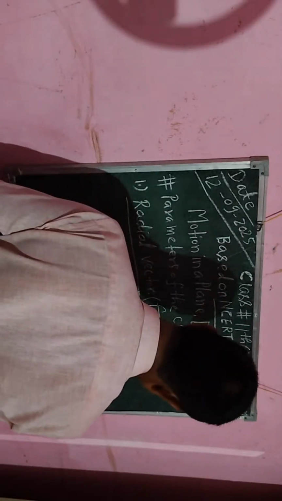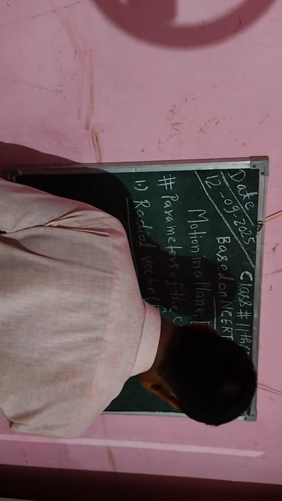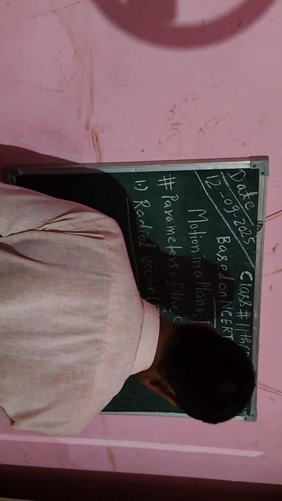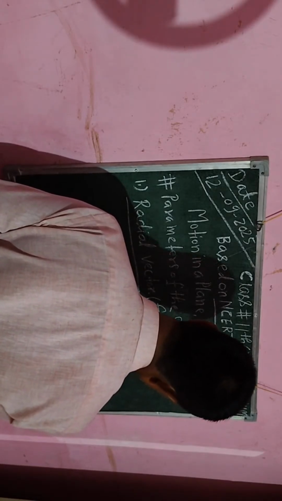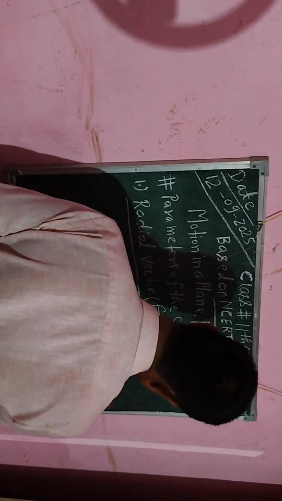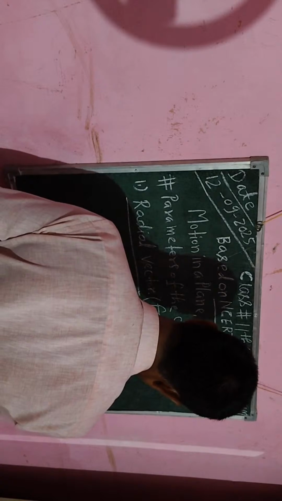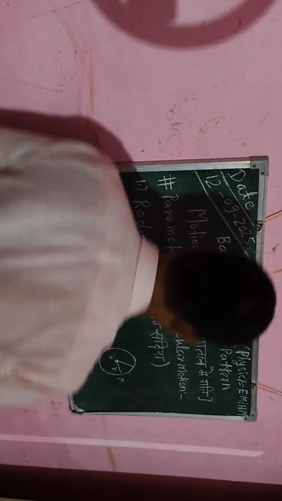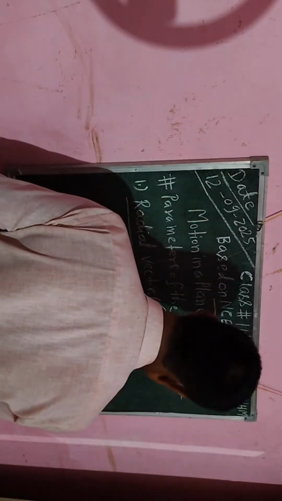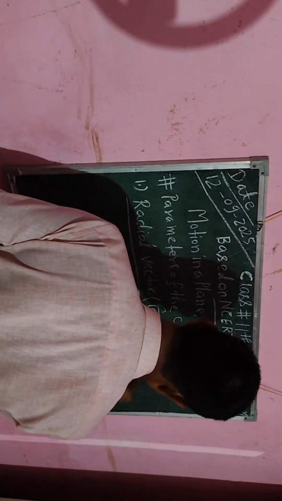Now here I will say this is the origin of the circle. Now I will say this is the radius of this point P, and I will draw here one point. I will say this is A.